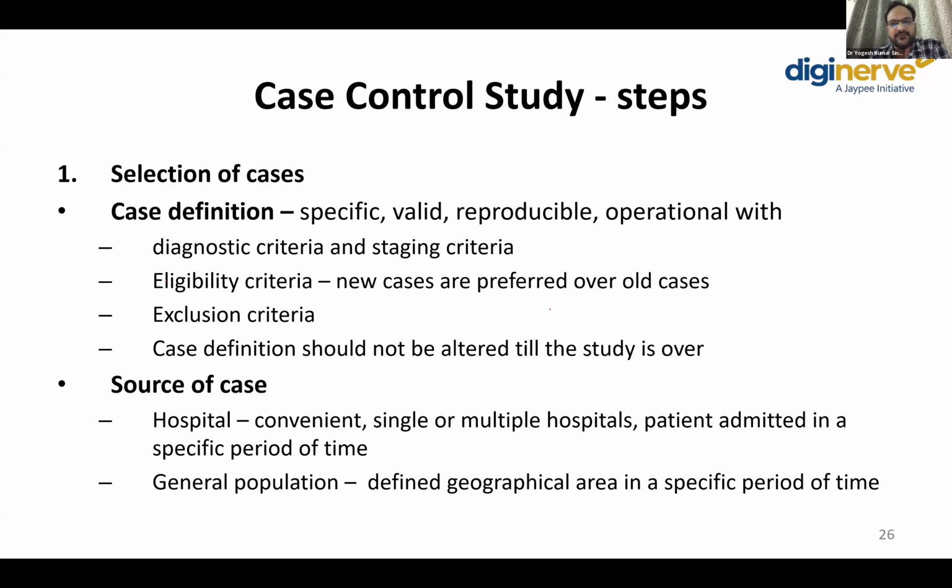So our operational definition of case should be measurable. We should include the diagnostic criteria, the staging criteria, eligibility criteria, and we should prefer new cases over older ones, and we should also include some exclusion criteria. Okay, and the case definition should be the same. And from where will we take the cases? We can take the cases from the hospital or from the general population.